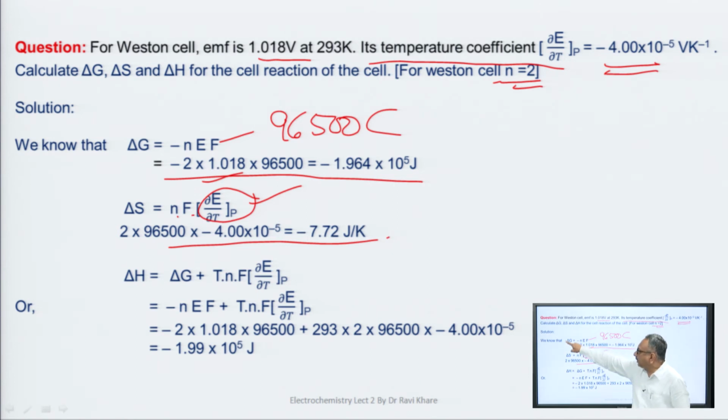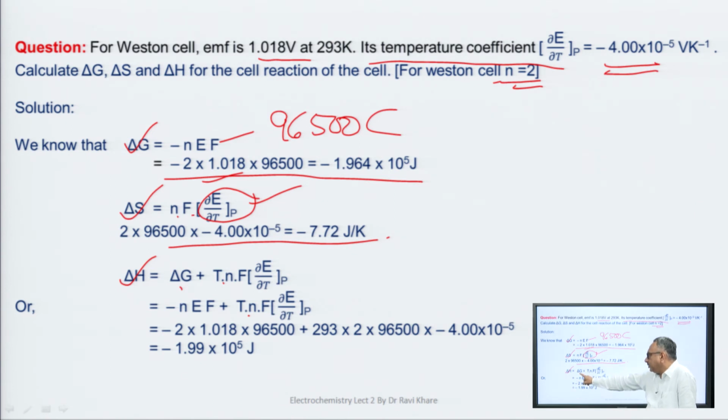Now, you have calculated delta G and delta S. Now, delta H, the change in enthalpy. How will you calculate it? Delta H is equal to delta G plus T into nF into del E upon del T at constant pressure. All values are given to you.